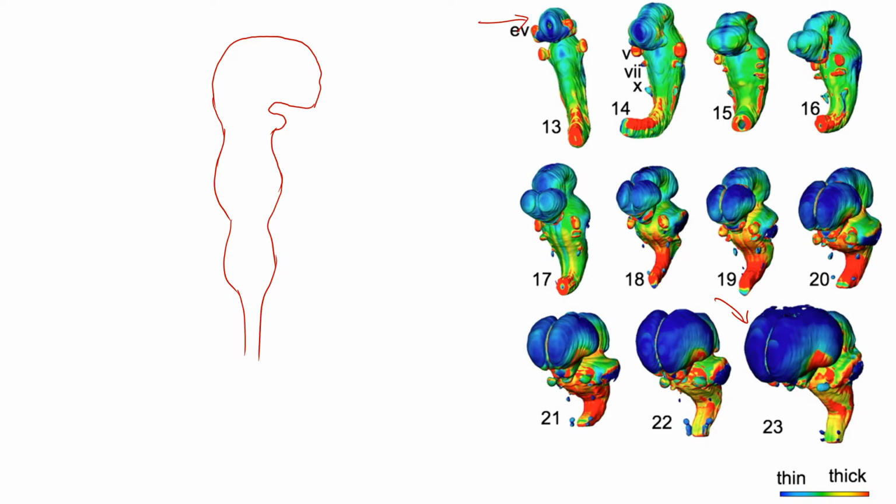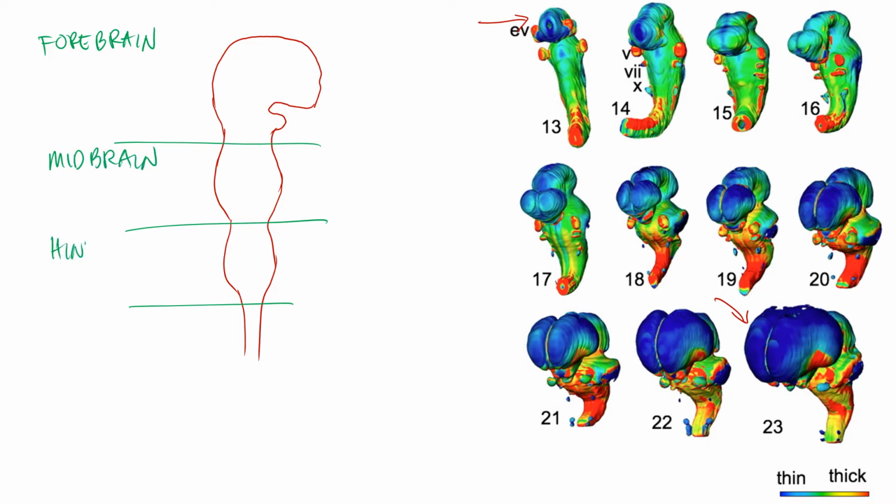Now, you can basically divide your embryonic brain into your forebrain, your midbrain, and your hindbrain. Okay, so your forebrain is termed your prosencephalon.